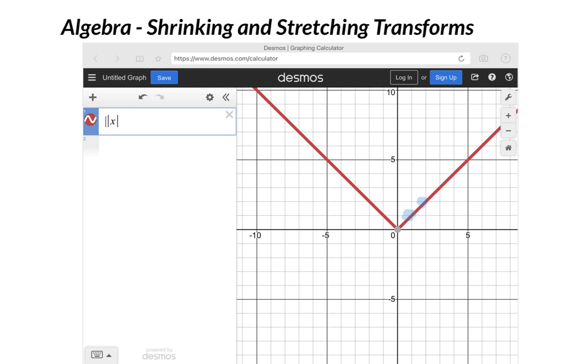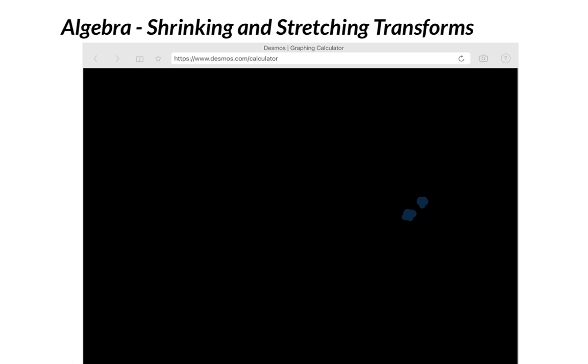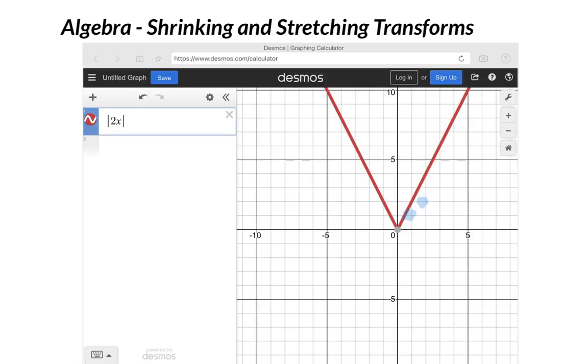If I were to change that coefficient in front of my absolute value, let's change it to 2, let me show you what happens to my outputs. Notice that they doubled. It was 1, now it's 2. It was 2, now it's 4. It just doubled the outputs.